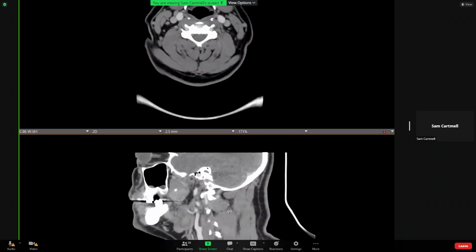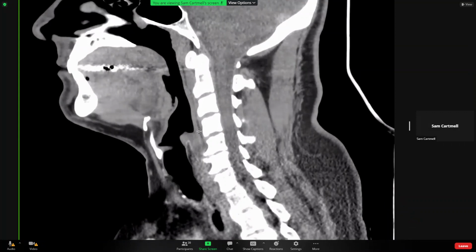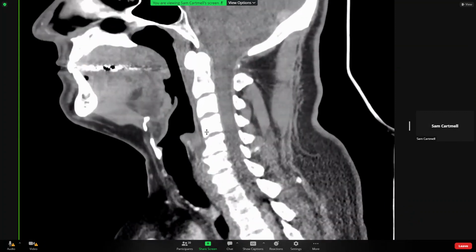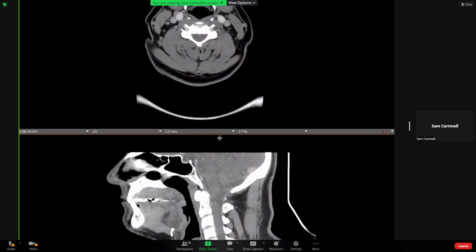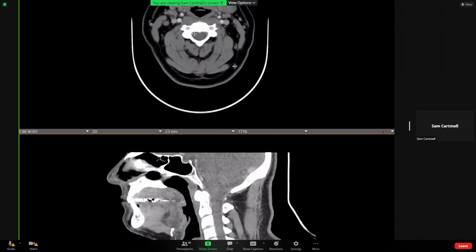Sometimes easier to see on sagittal images, I think. You should see this nice thin stripe of fat on CT. If this fat is lost for whatever reason, you can have like a retropharyngeal effusion or potentially some sort of infection. And I think that covers a lot of the ones I want to talk about.